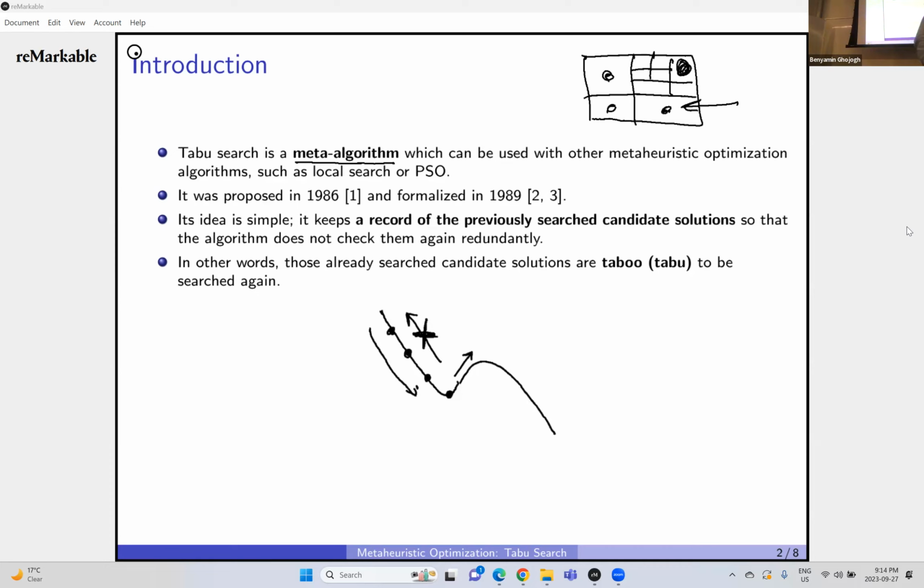Did you understand? You might be wondering: if I find a better solution in this region, why do I go to this region stochastically? Why don't I go deterministically? There is a reason. If I do that, I might get stuck in a local best. What if the solution I found here was good, but it was a local best?